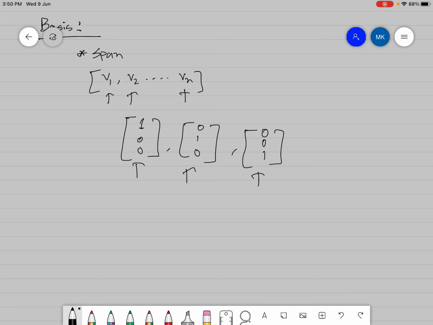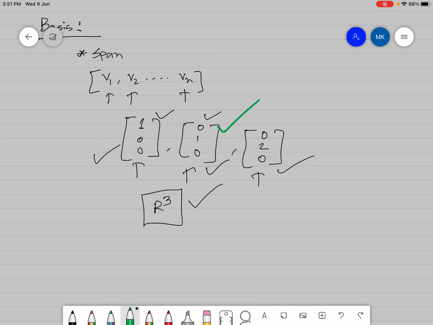So as you all know, the linear combination of these three vectors can cover the whole R3 space. So the span of these columns is R3. Okay, so if we had two columns, let's say if we had this scenario, 0 2 0, as you can see this column vector and this column vector are fundamentally the same.